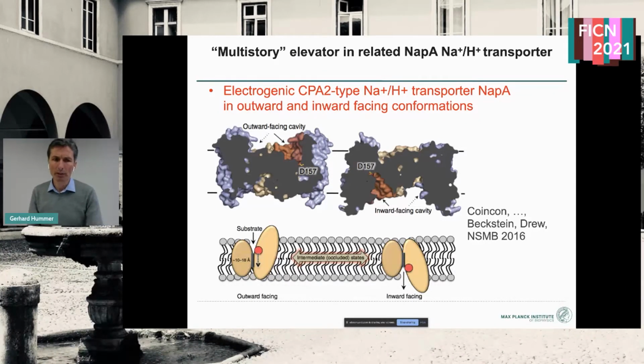And there you can already see they have very strong and very convincing evidence for an elevator type motion, where this domain here on the right is moving up and down by several angstrom.